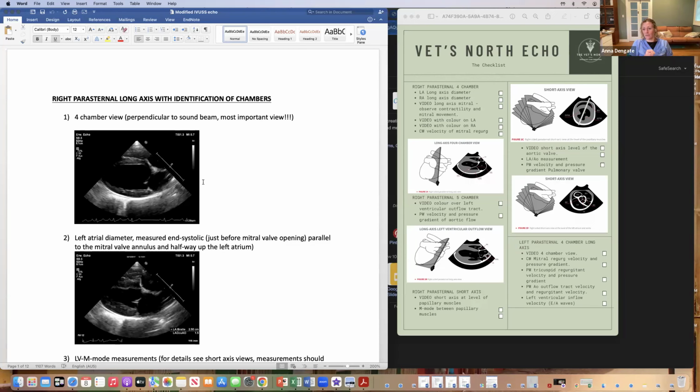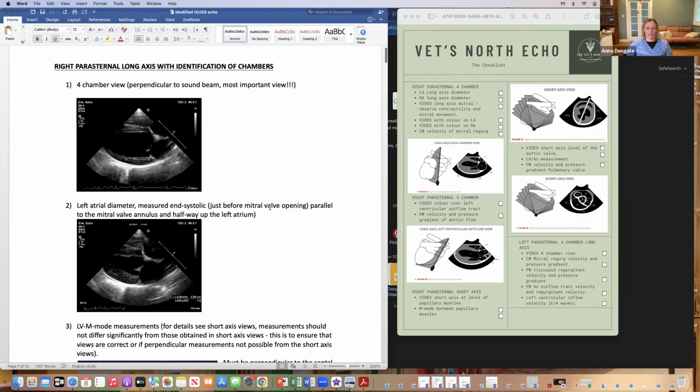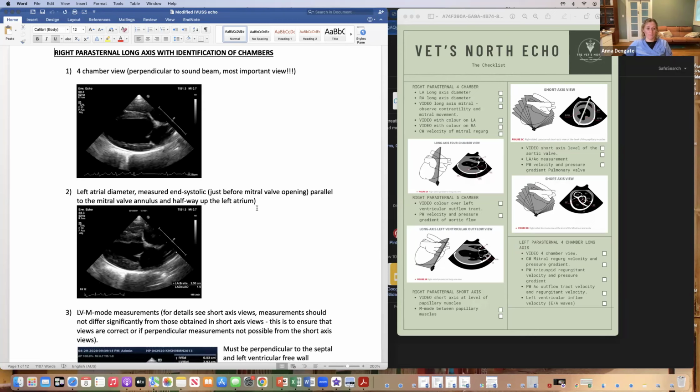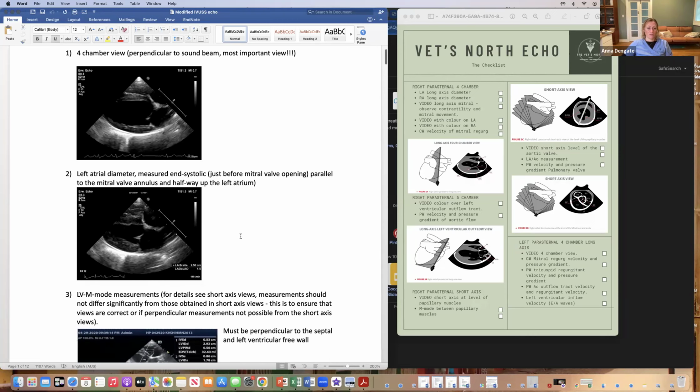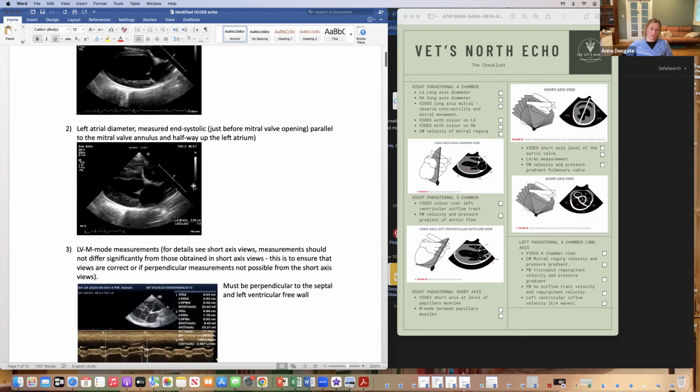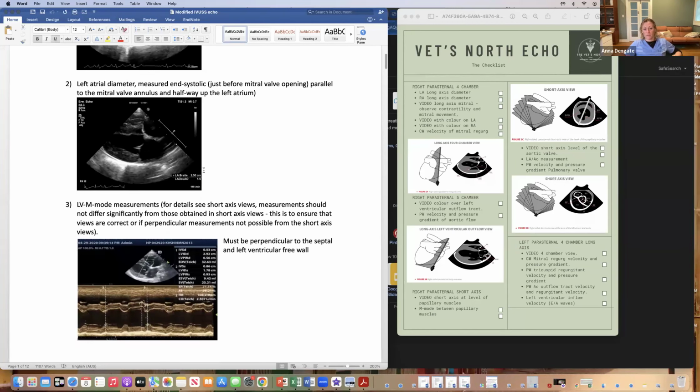Please take a video of this view, just the heart contracting, because as I said, that gives me such a good first impression of what's going on in the heart if I'm interpreting, and I'm sure cardiologists feel the same. So the first measurement we do after we've taken that video is a left atrial diameter in long axis. This should be measured just before the mitral valve opens, so right at the end of systole.